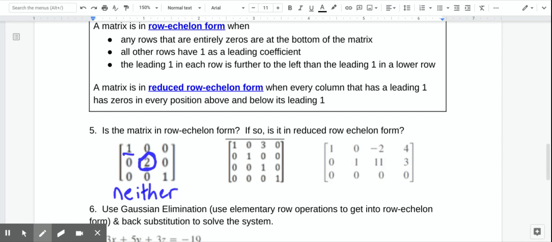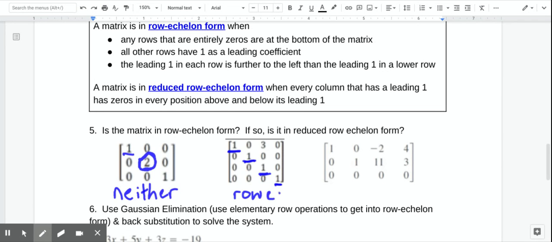Okay, let's check the next one. Any rows that are entirely 0? We don't have any. All other rows have a 1 as a leading coefficient. My first number in this row is 1, 1, and 1. So that's good. The leading 1 in each row is further to the left than the leading 1 in a lower row. That's true. Do you see how these stair step down? So this is in row echelon form.